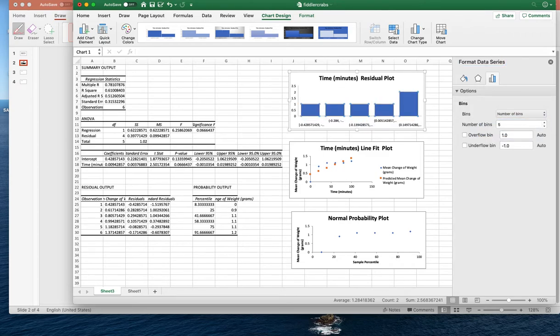That definitely does not look normal. If we keep increasing it, it will look less and less and less like a normal distribution. So this is not normal at all. It looks more like a skewed left distribution, if anything. But regardless, it's definitely not normal.